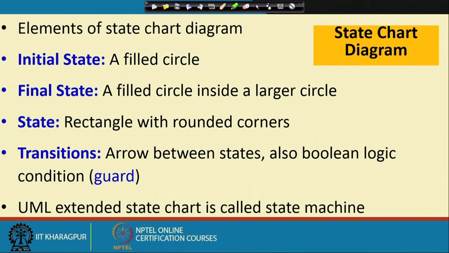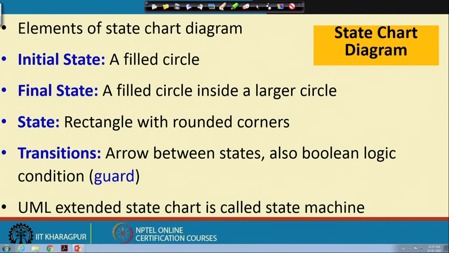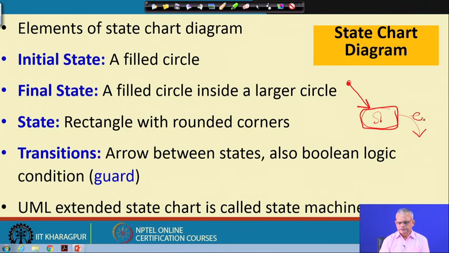So, to draw a state chart diagram, we draw an initial state which is a filled circle. To start with, it will come to this state. Let us write S1, and so by default to start with it will start in S1, maybe go to S2 based on some event E2, and there is a final state which is a filled circle inside another circle.